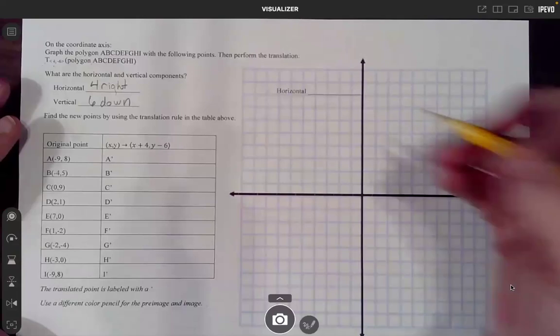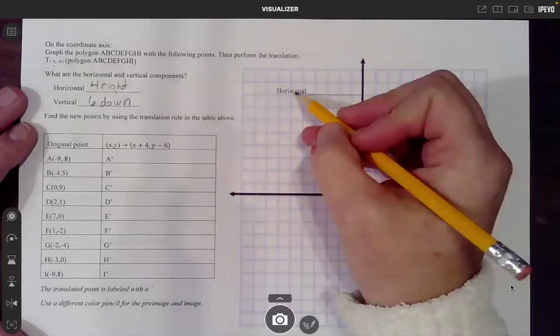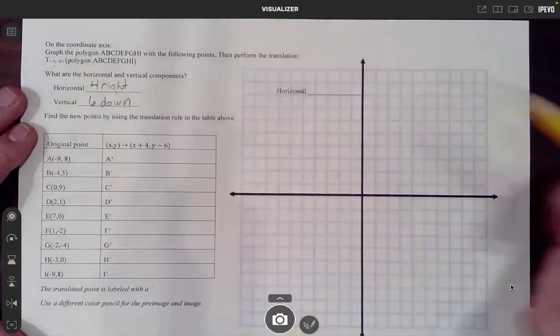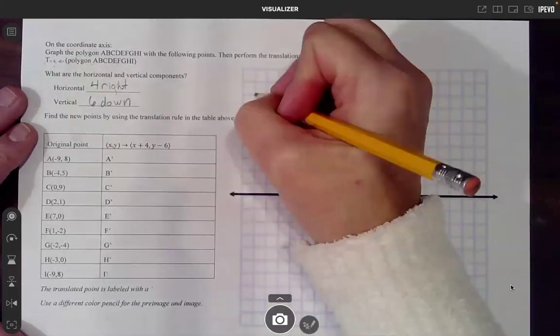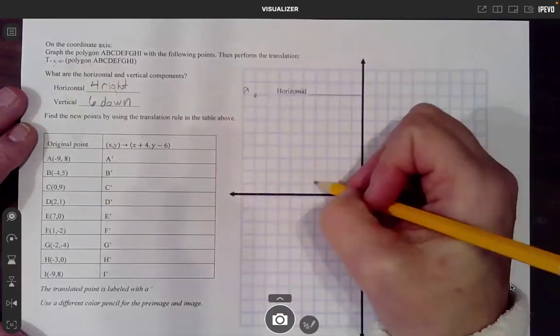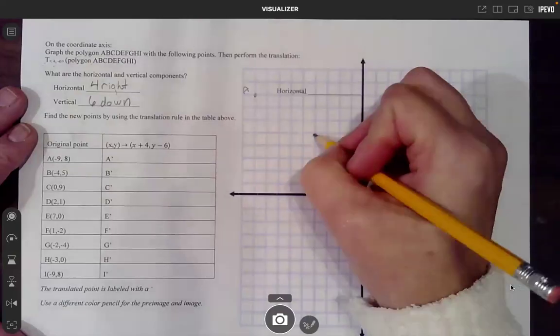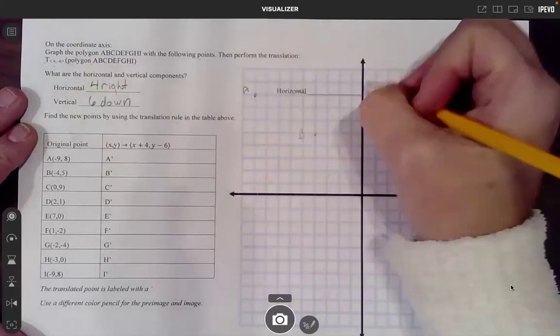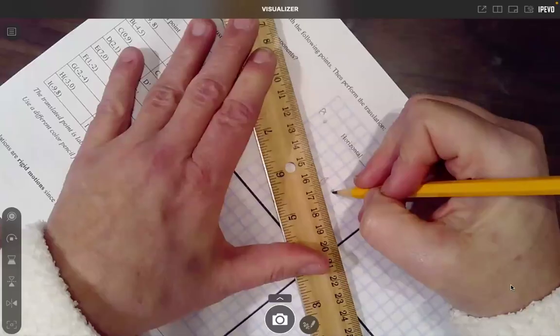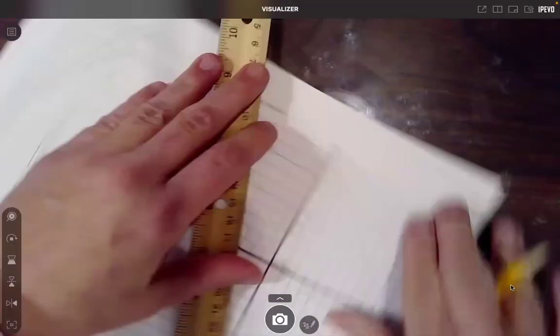And first thing I want you to do is graph the points. Ignore this. I'm sorry, that was a misprint. It accidentally double printed. But I'm going to graph A, B, C, and as you graph, connect the points so you have your polygon.